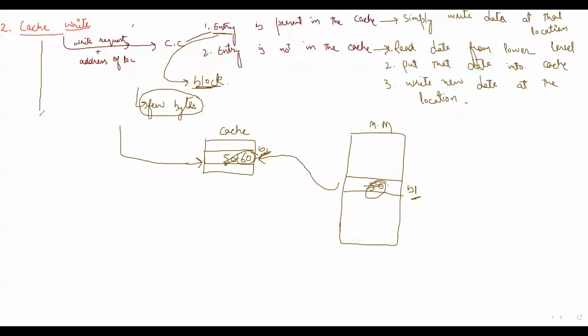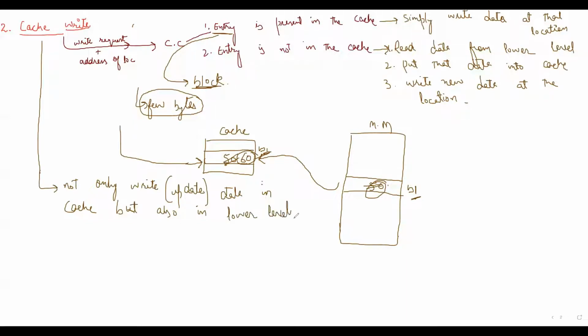So in case of cache write, we have to not only write, or we can say update, data in the cache, but also in lower levels. Let's suppose we didn't update it in the lower level. There will be an inconsistency. At one place we have value 60, and at another place for the same location we have value 50.